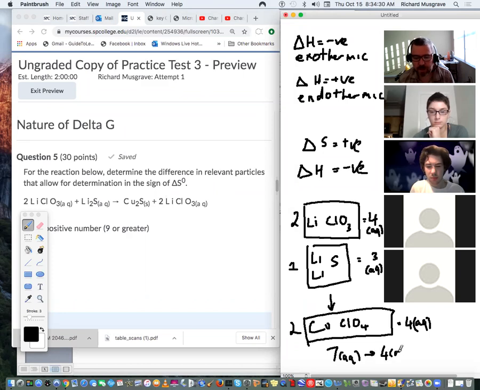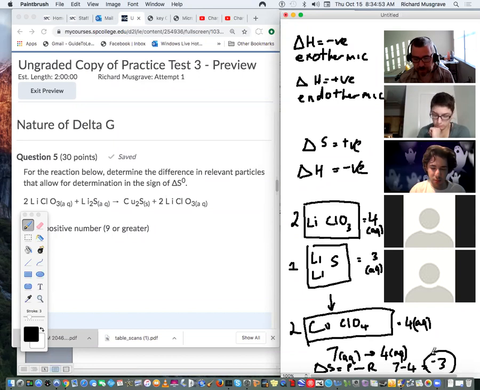And look what the question's asking for though. It says the difference in relevant particles. Now, delta S is always products minus reactants. So in this instance, the difference would be 7 minus 4, which is -3, which is the answer I'm looking for there.